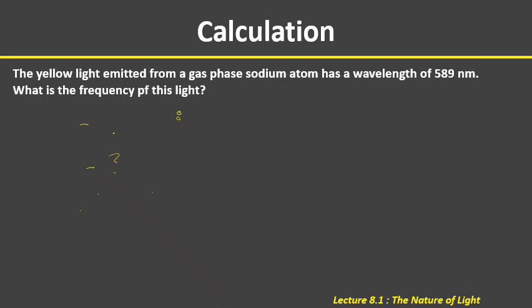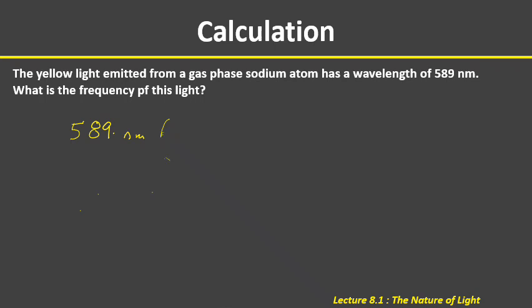All right. So remember that there are 10 to the 9 nanometers in a meter. So take 589 nanometers. We want to convert this into meters.